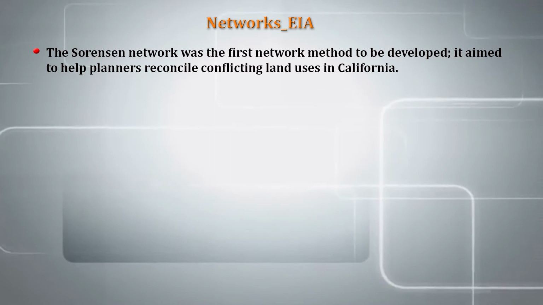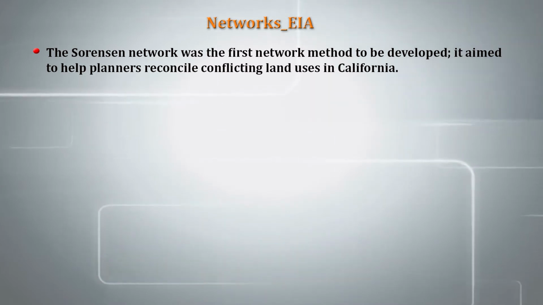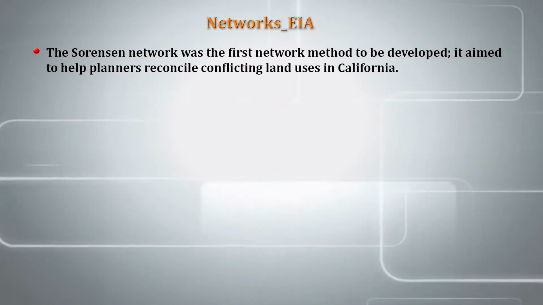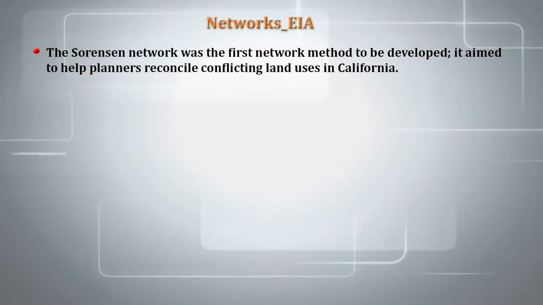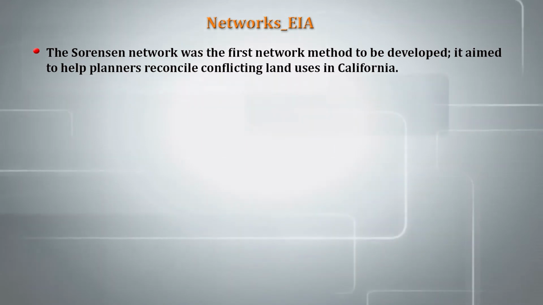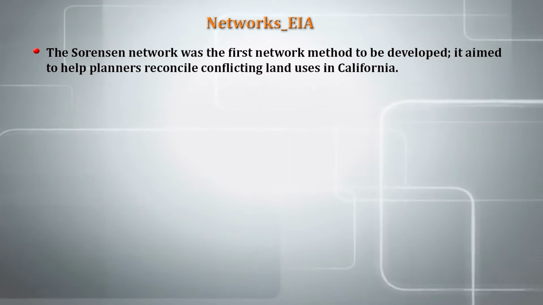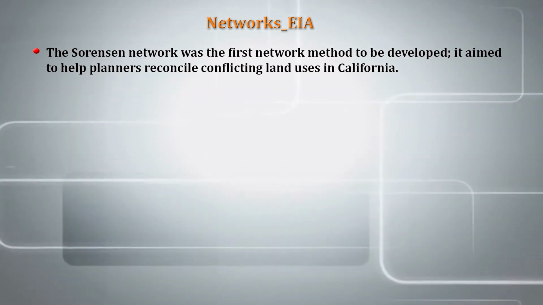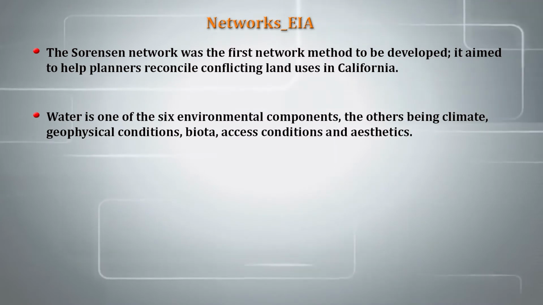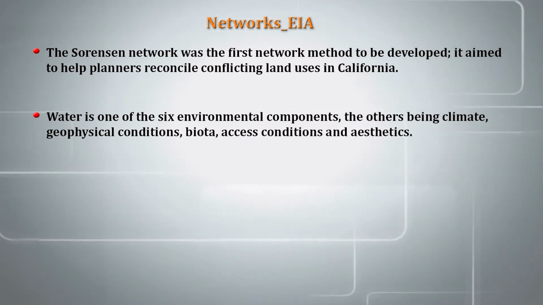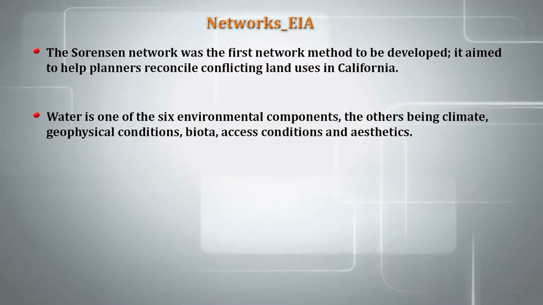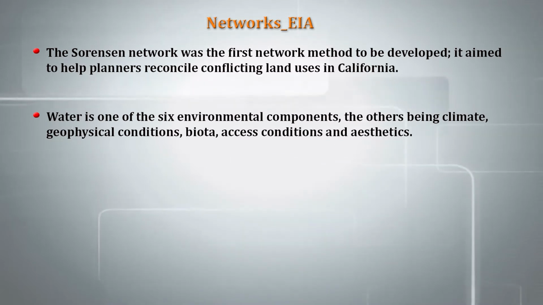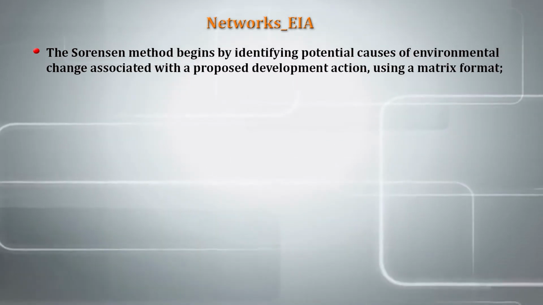It aimed to help the environmental planners reconcile conflicting land uses, particularly in California, where that model was used. There are 6 important environmental components taken into account. Water is one of them, the others are climate, geographical condition, biota, access condition, aesthetics. These are the other parameters.